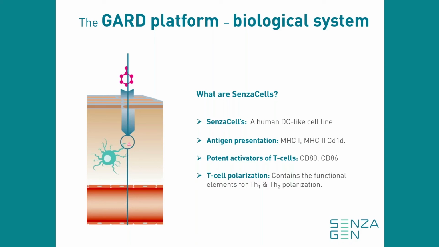And they respond to pro-inflammatory measures by upregulating co-stimulatory molecules such as CD80 and CD86, which is of course a prerequisite for activation of T cells. And also what's really important in this sense is that they contain the functional elements required for polarizing the T cell response into either a T helper 1 response or a T helper 2 response.